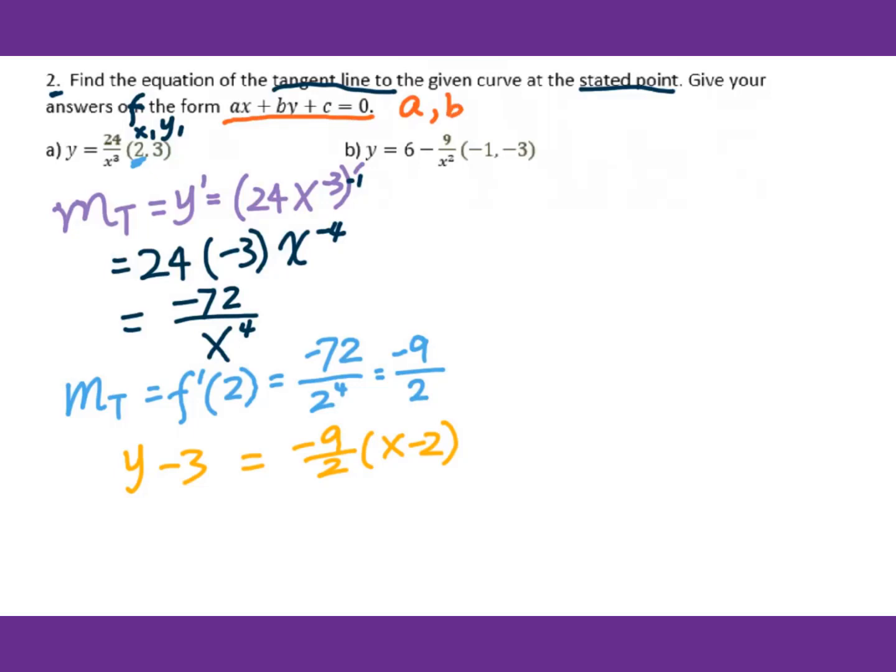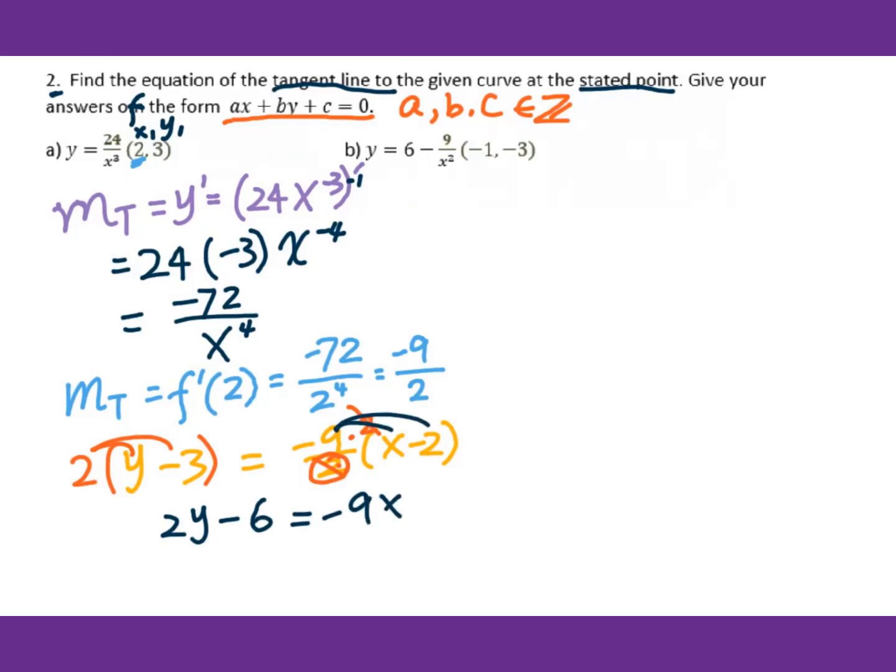A, B, C are integers. Therefore, you have to get rid of this denominator 2. So we multiply by 2 both sides. You will get 2y minus 6 equals, distributive property, negative 9x plus 18.